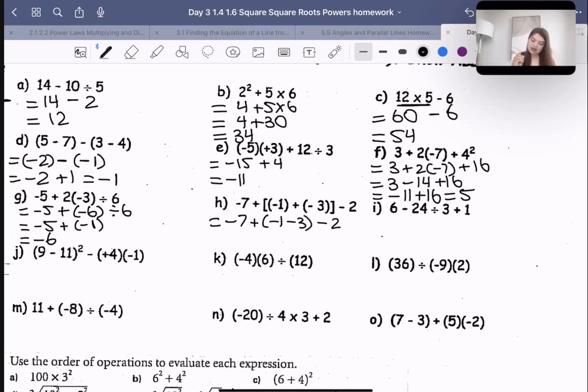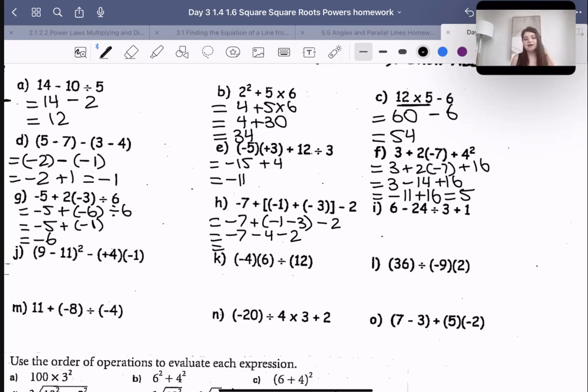Now we still have brackets we need to solve, so let's continue to solve the brackets until the brackets are gone. So negative 1 minus 3 is negative 4. So this will be negative 7 minus 4 minus 2. Okay, do we have any exponents? No, we don't.